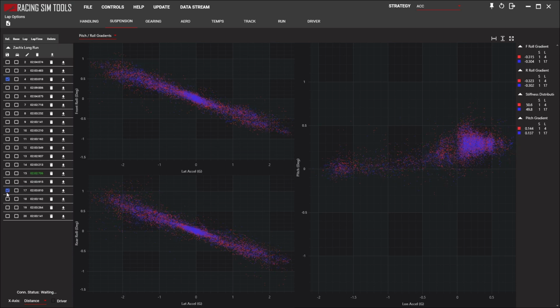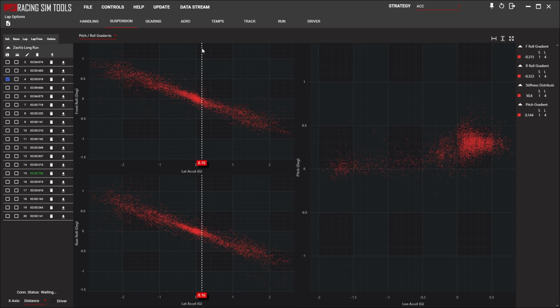So let's talk about use cases for where you would want to use pitch and roll gradient. Again, I said pitch and roll gradients are a really good way to understand how the lateral load distribution is through the car, or that roll stiffness distribution. One thing that I like to use this for is when I'm making setup changes. A lot of times I like to think of longitudinal and lateral stiffness as 2 different components of the car, and I might want to change the stiffness in one of those without affecting the other.